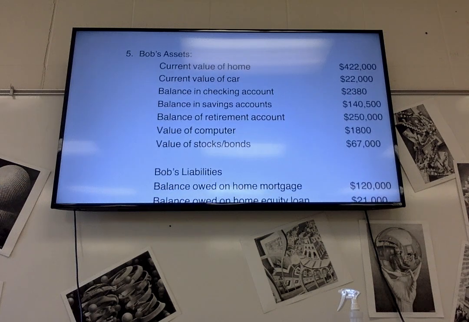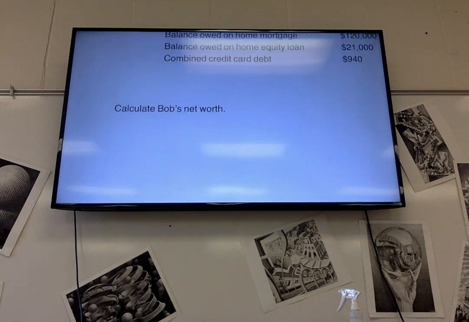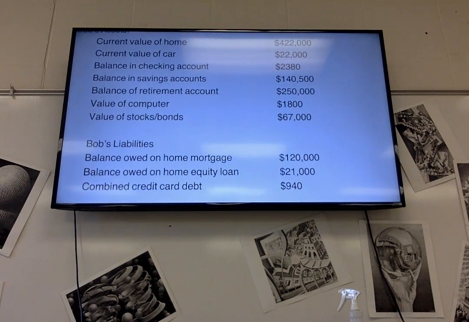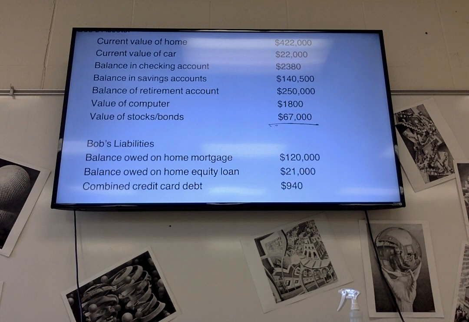And the last one, I think, yeah, net worth. So you just add up assets and liabilities and you subtract the two. So again, if I type a number in wrong and I don't get the same thing as you, just let me know. That's what I got.